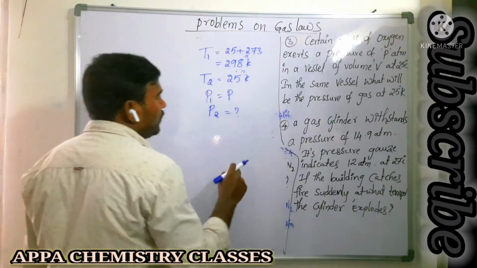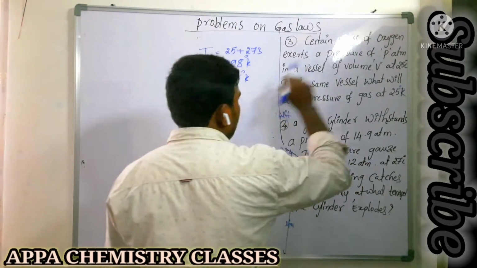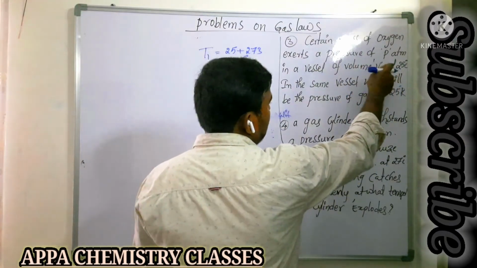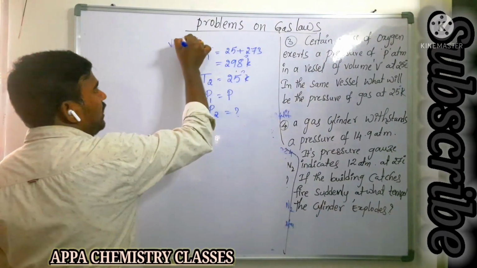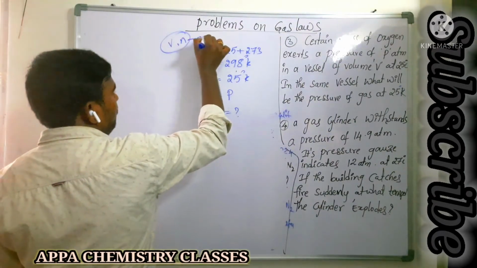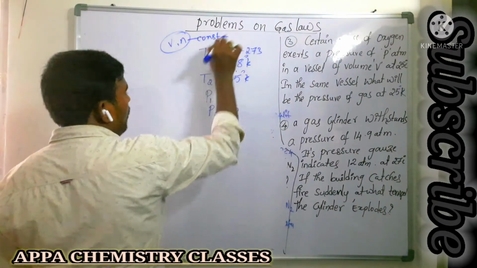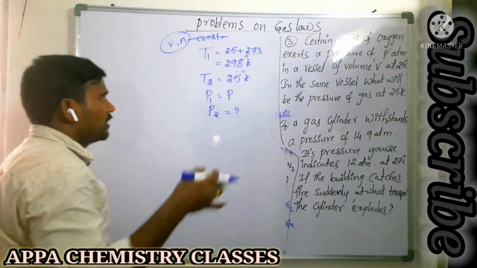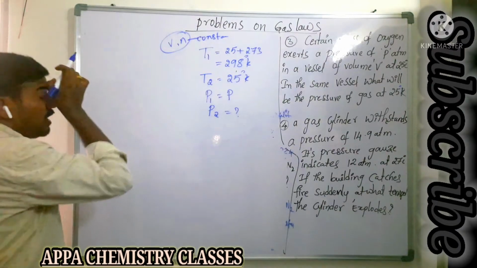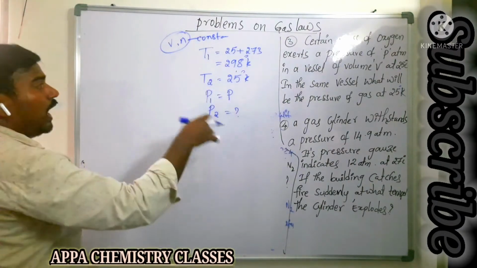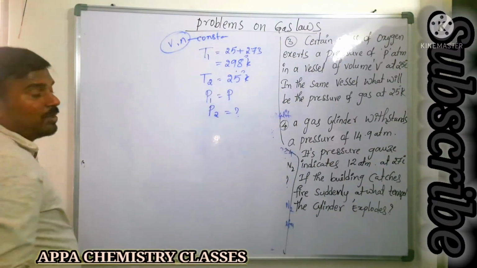So we know the relation between pressure and temperature. Volume is constant and a certain mass, that is volume and number of moles, are constant. When these two are constant, you have to look back to the Gay-Lussac law. Whatever formulas I had given there for the Gay-Lussac law, you need to observe, and take the formula that gives the relation between temperature and pressure.